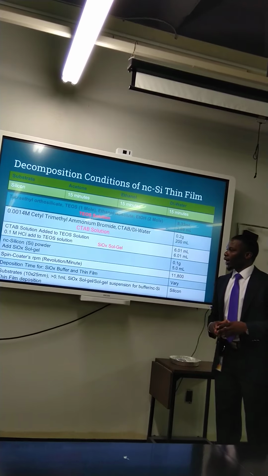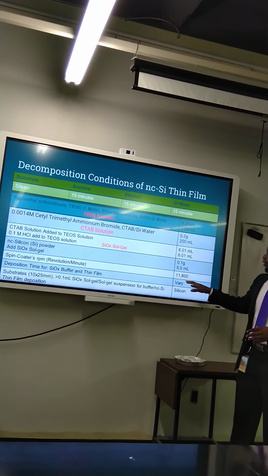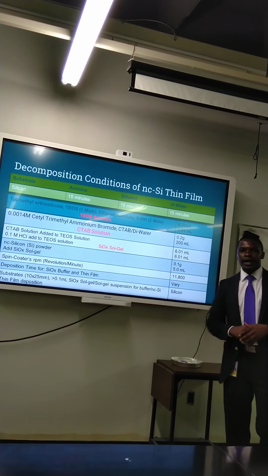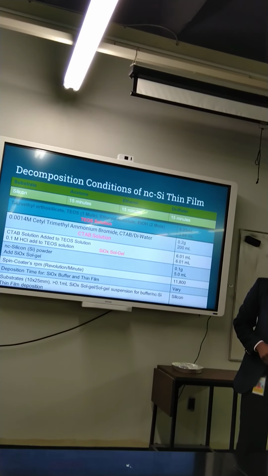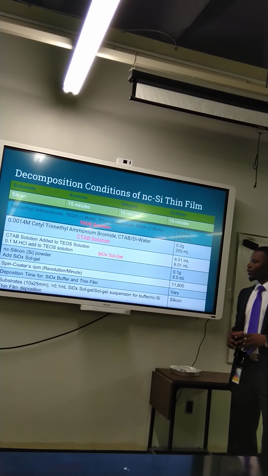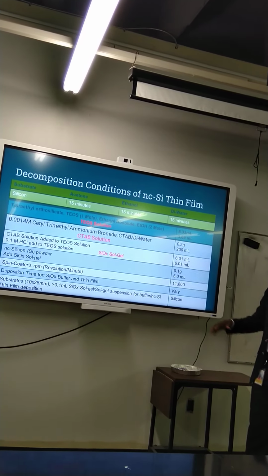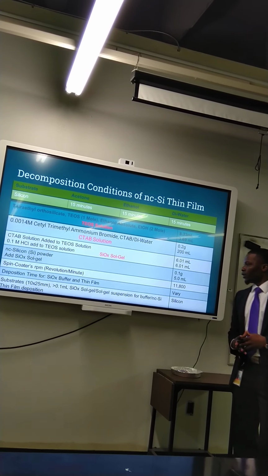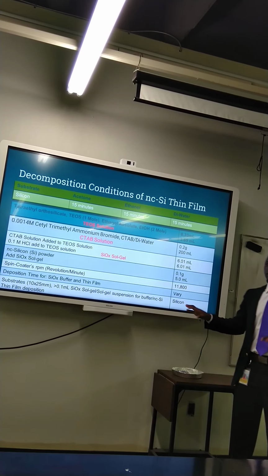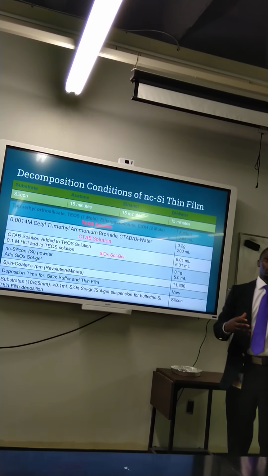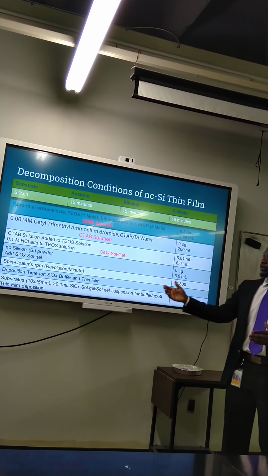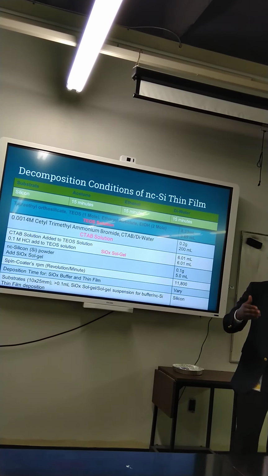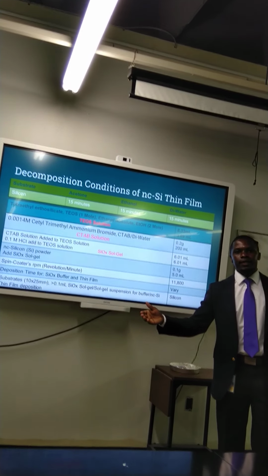And later on, I spin coated it at 11,800 revolutions per minute. The buffer layer was made, which varied depending on the substrate that we used. So we had times from 2 seconds to 10 seconds.